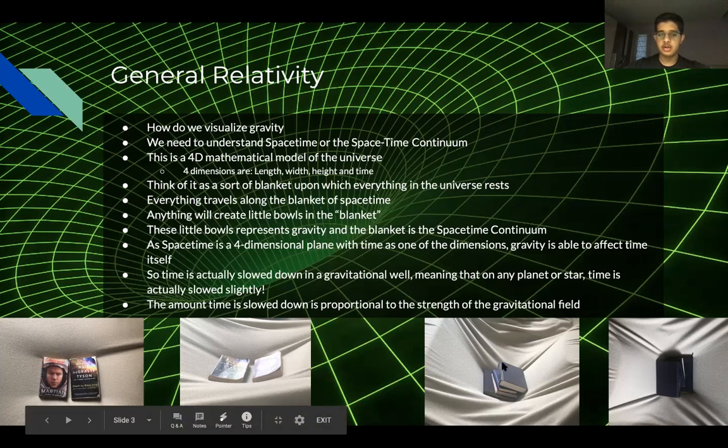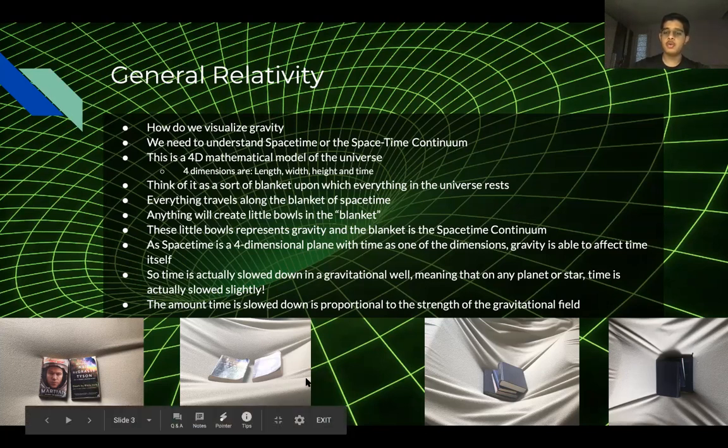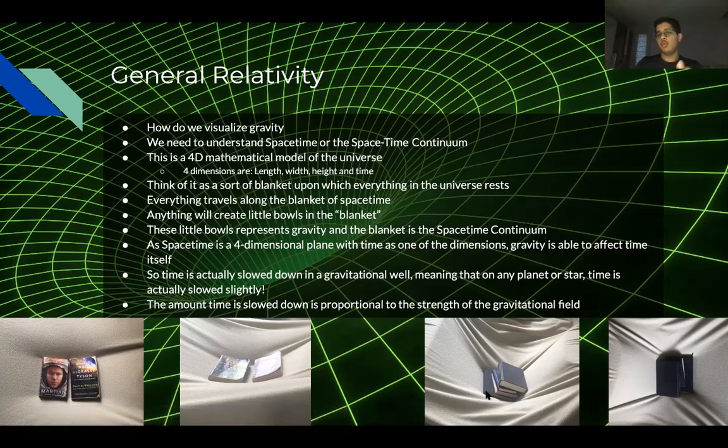Whereas if you look over here, I've got a lot more books and they make a much bigger dip in the blanket. That dip is called a gravitational well, and these books represent stars and planets. So anything with more mass has more gravity, thus they create a bigger well. Does that make sense? It's called a gravitational well, right? Yes, it's called a gravitational well.